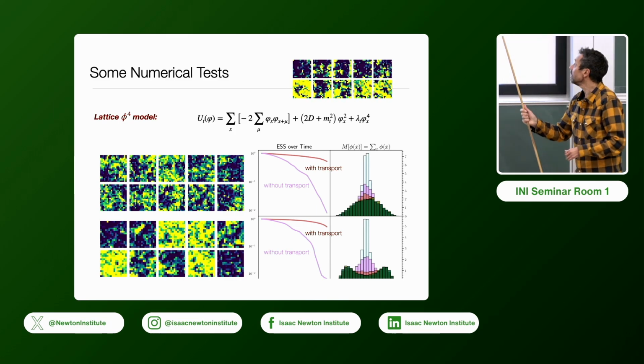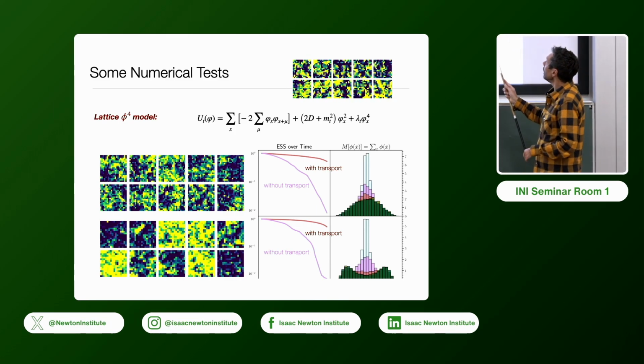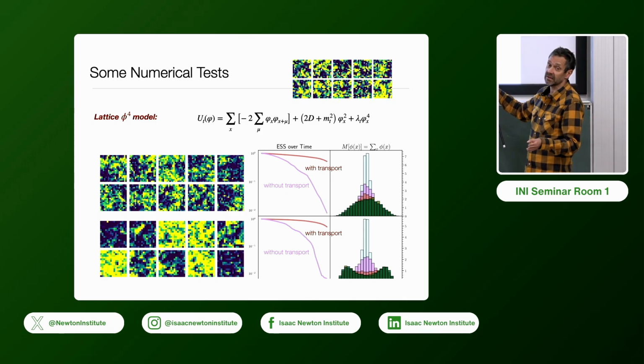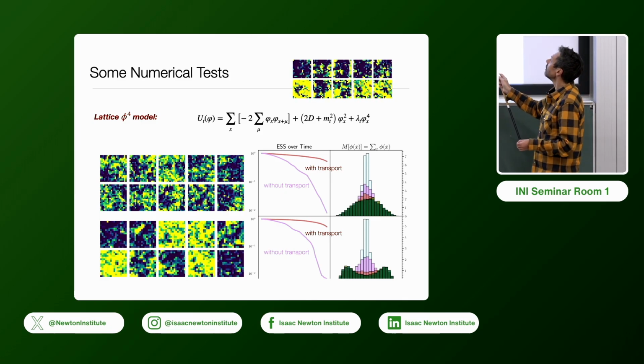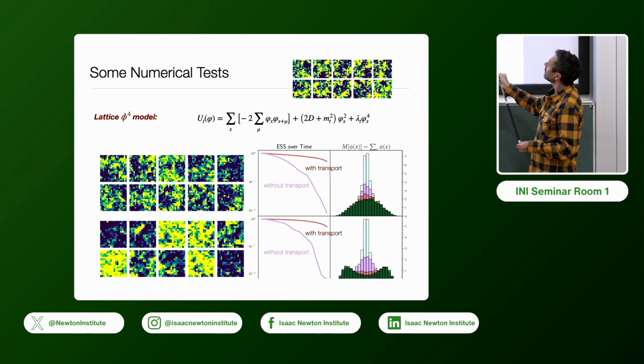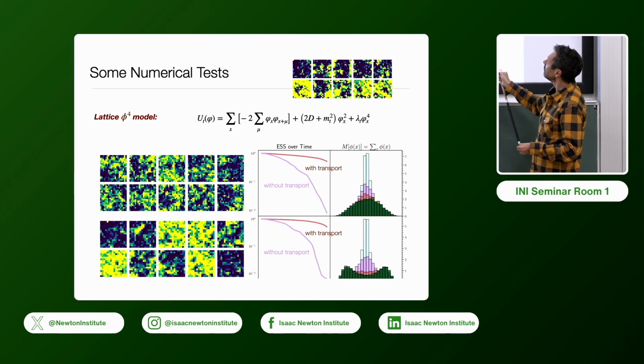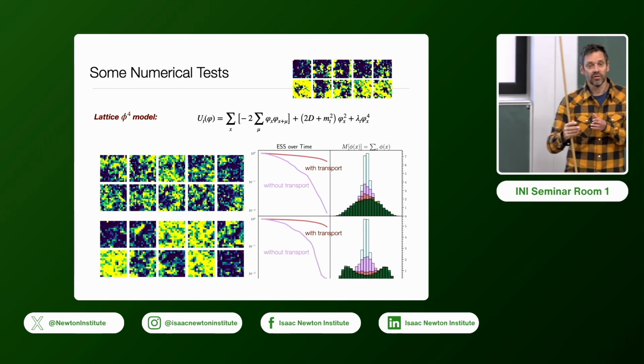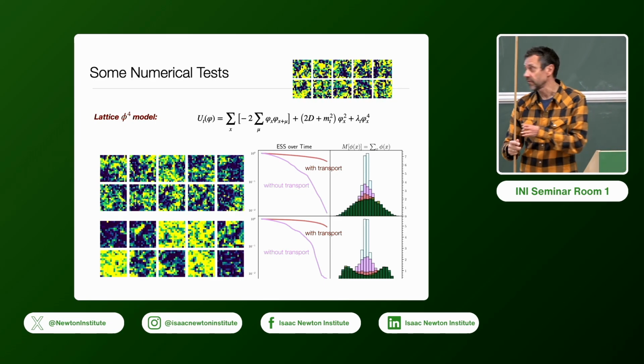These are notations from high energy physicists, so m squared here can be negative. If this term is sufficiently negative, this is a double well, and so you can have a phase transition. It's actually difficult to sample past the phase transition.